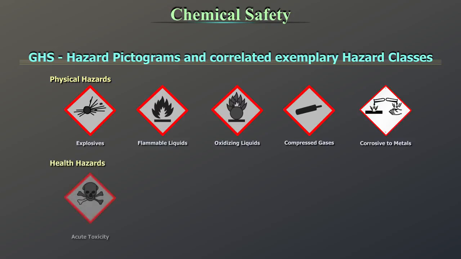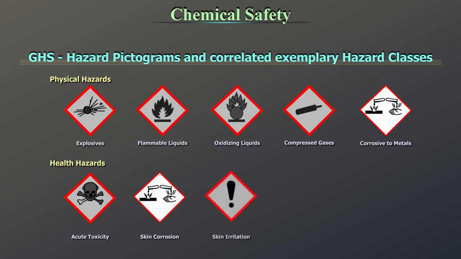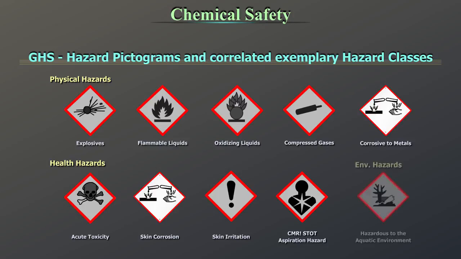Health hazards: acute toxicity, skin corrosion, skin irritation, CMR or STOT, aspiration hazard. Environmental hazards: hazardous to the aquatic environment. Note that CMR stands for carcinogenic, germ cell mutagenic, toxic to reproduction, and STOT stands for specific target organ toxicity.